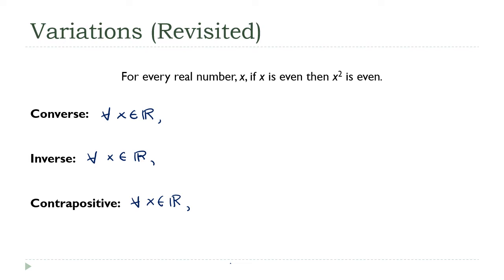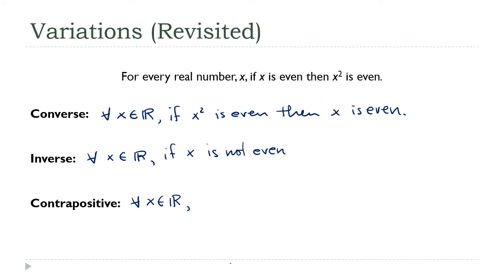Well, for the converse, it would be if x squared is even, then x is even. The inverse would be if x is not even, then x squared is not even.